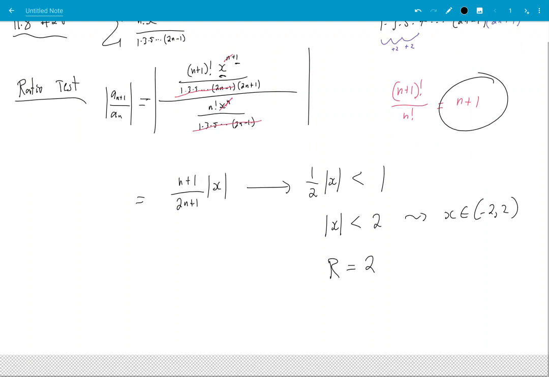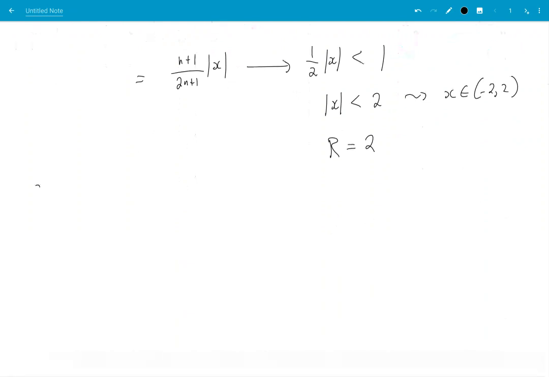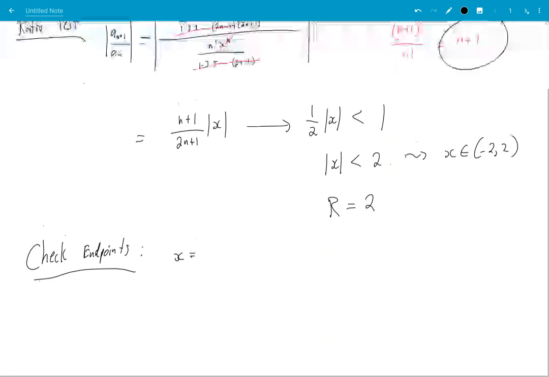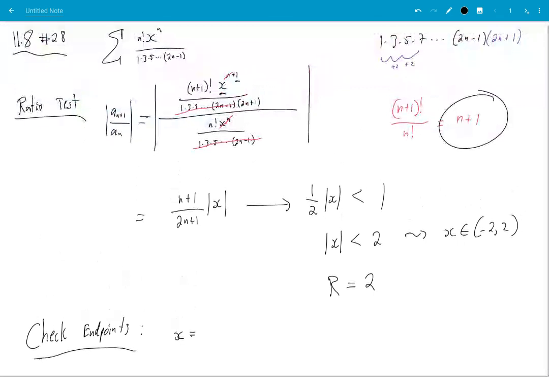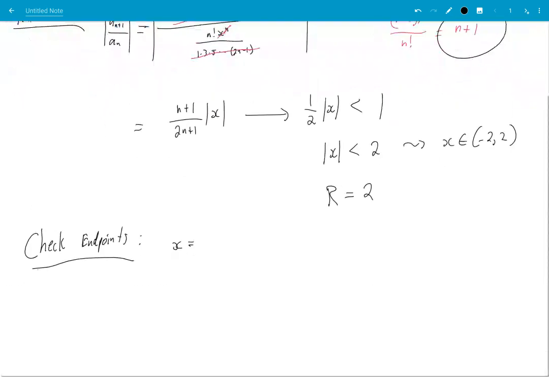So say that down here, check endpoints. X is equal to, say, let's do minus 2 first.